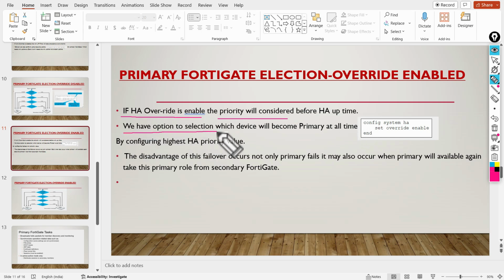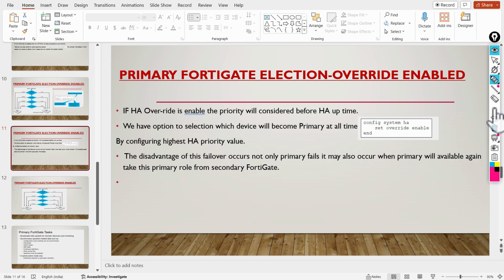We have the option to select which device will become primary at all times. As a network security engineer, we can select which FortiGate firewall will become the primary at all times. This is the command: config system ha, set override enable. By entering this command, we can define the HA override. By configuring the highest HA priority value, we can select the primary FortiGate firewall.